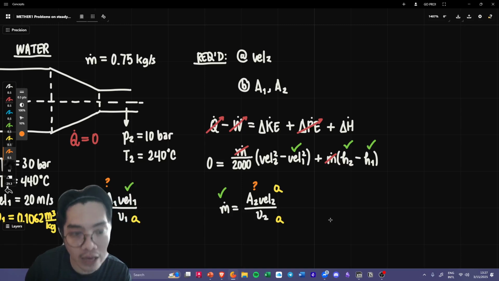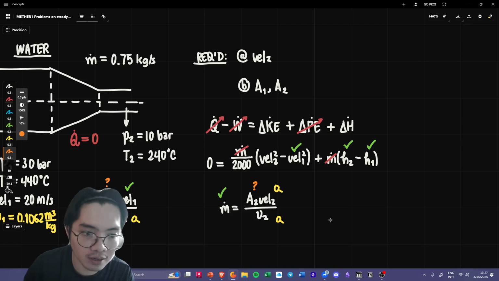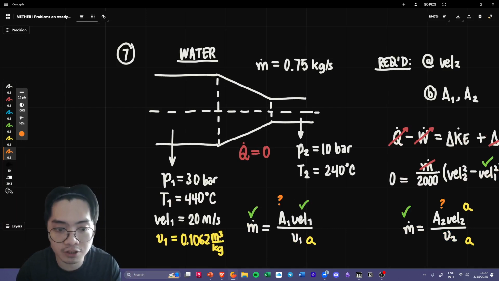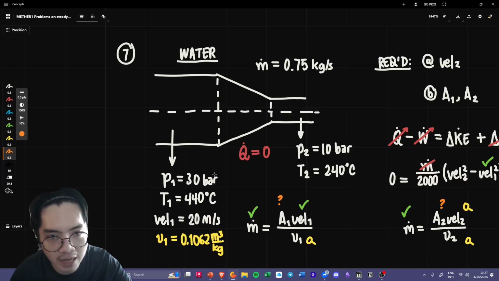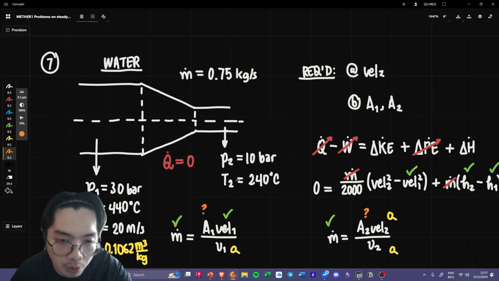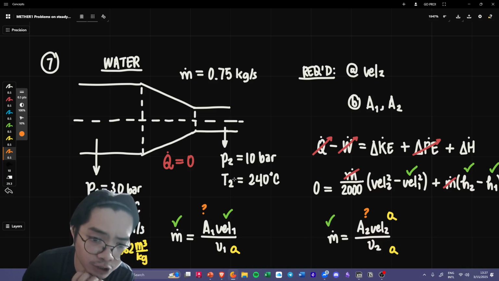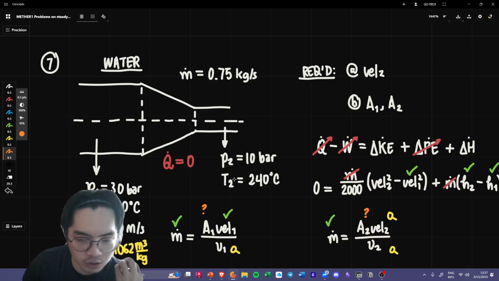It's because when a nozzle works, it seems to be losing energy, as you can see, because it came from a really high pressure, high temperature steam into a relatively lower pressure, lower temperature steam. So you might be thinking, where does that energy go? That energy must go somewhere. And I've restricted a lot of things already. This is supposed to be the same potential energy.